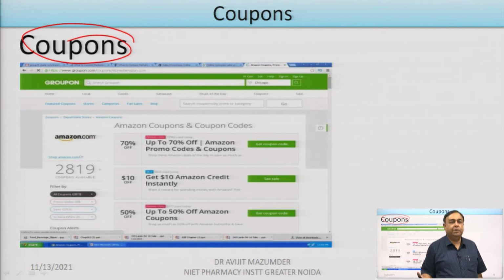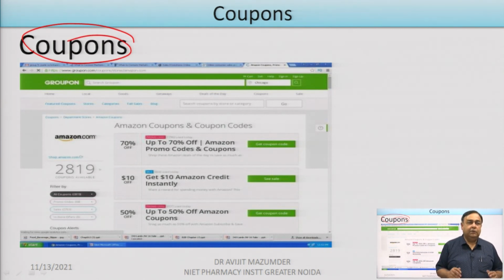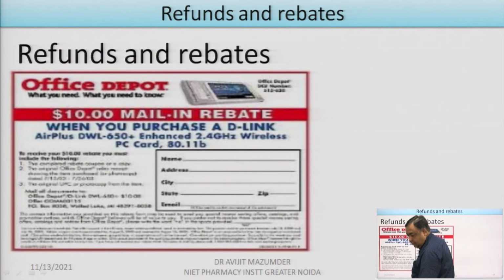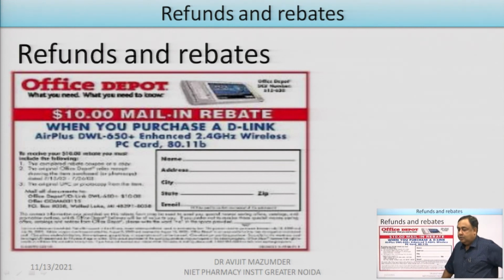First, online coupons. Whenever you are surfing the net, you will come across these online coupons quite frequently. Next are the refunds and rebates. This is another way by which you can reach customers who are located at a remote corner of the country, or a remote corner of the globe.